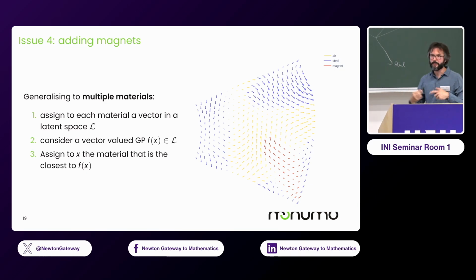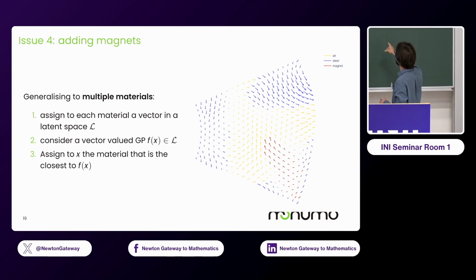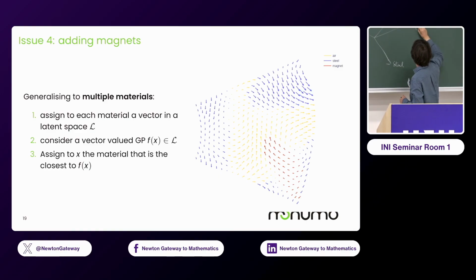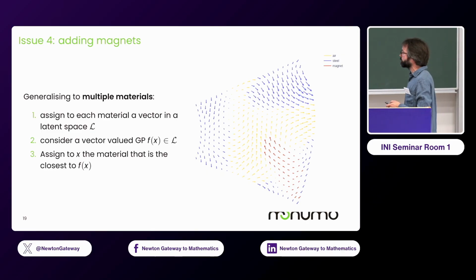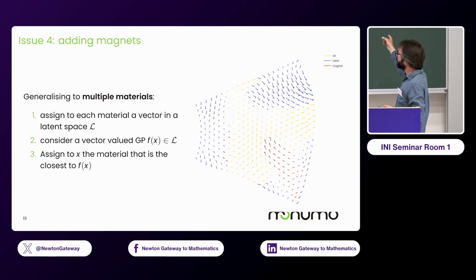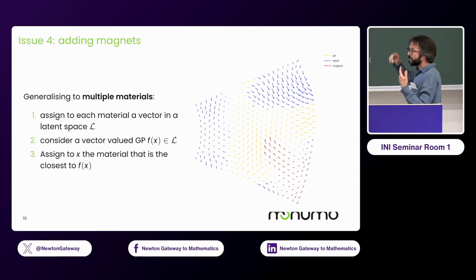To decide which material is assigned to this node, I'll basically take the inner product between f at x_i and the 3 representers, and I'm going to assign the material that is the closest according to the inner product. So that gives me a nice way to assign as many materials as I want.